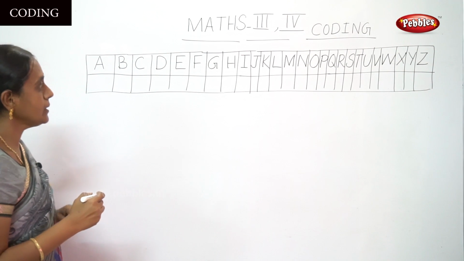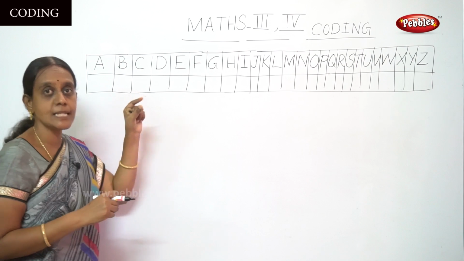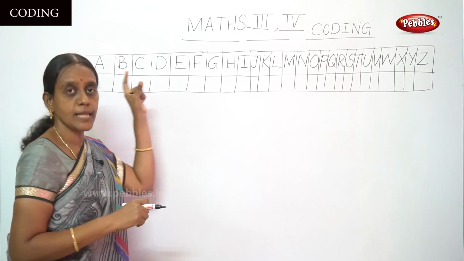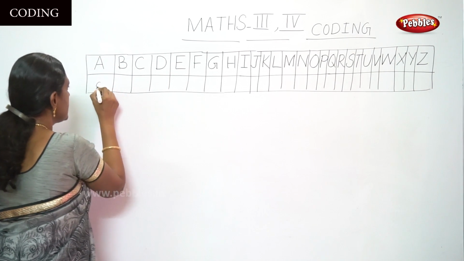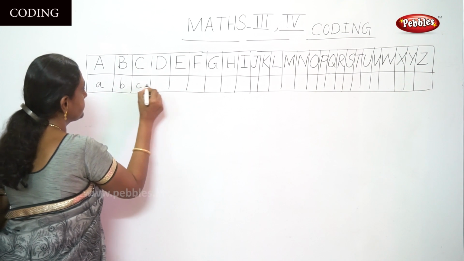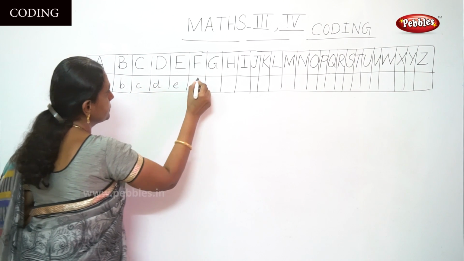I am going to put the smaller case letters below all these uppercase letters, that is small a.